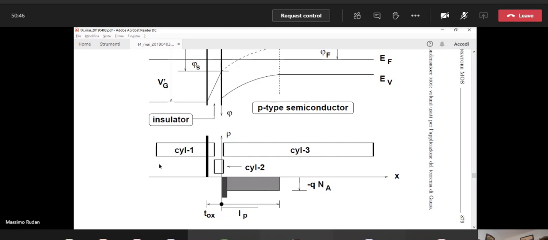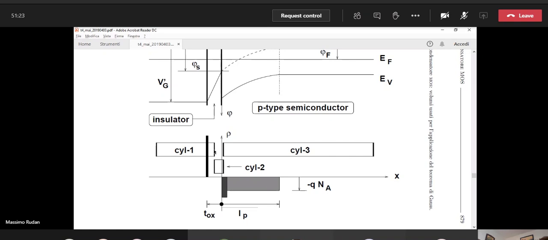But of course, here we are in the one-dimensional case. So the only non-zero components of the displacement vector are those that are horizontal. That means that the left face and the right face of each cylinder contribute, or may be able to contribute, to the Gauss theorem. The lateral surface of the cylinders does not contribute, so we don't consider it, okay?